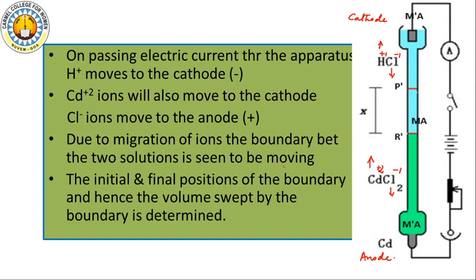It is seen to be moving. The initial and the final positions of the boundary, and hence the volume swept by the boundary, is determined. So initially we have the boundary here and the final position. You find out this particular distance from here to here. So this is the length of the tube.